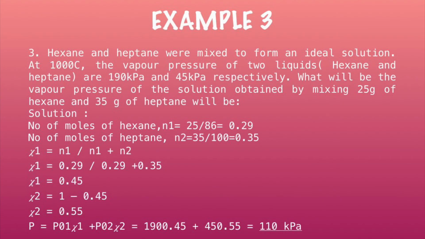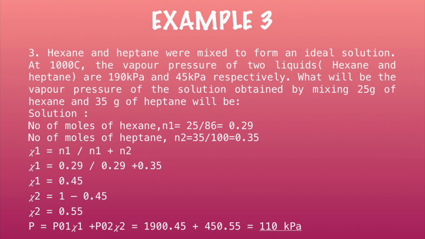For example number 3, hexane and heptane were mixed to form an ideal solution. At 100 degrees centigrade, the vapor pressures of the two liquids, hexane and heptane, are 190 kilopascals and 45 kilopascals respectively. What will be the vapor pressure of the solution obtained by mixing 25 grams of hexane and 35 grams of heptane?